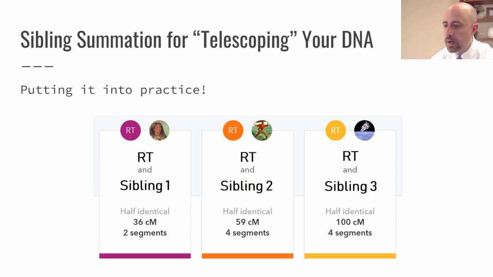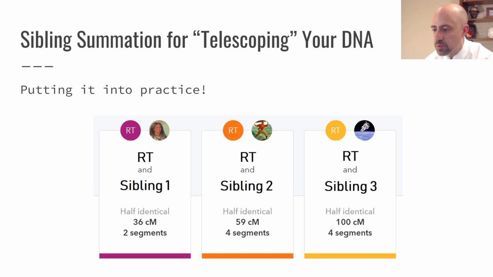So let's talk about this method in a real-world example. Let's put this into practice and make the concept more clear by using a real example. So in this case, we'll compare cousin RT with 3 siblings, sibling 1, sibling 2, sibling 3.